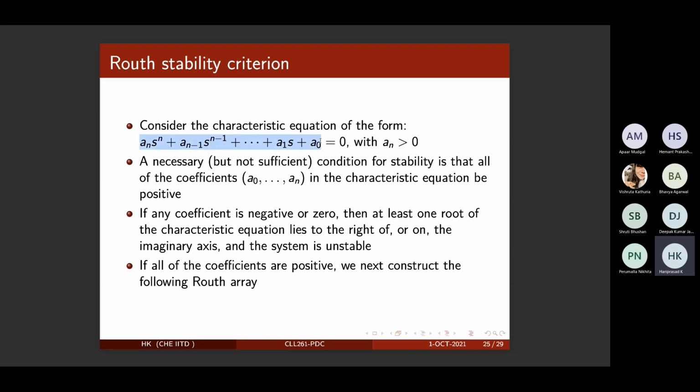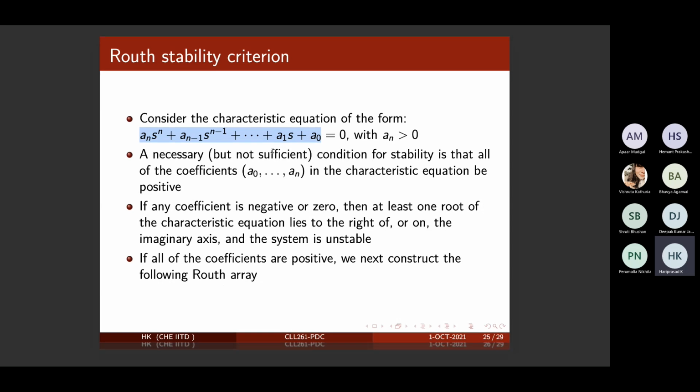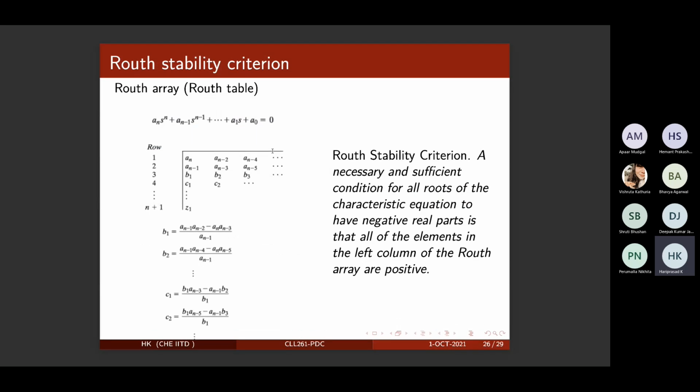If you find all of them are positive, you have to make something known as a Routh array. The Routh array is just a table. Let's say this is your polynomial: a_n s raised to n, a_(n-1) s raised to n minus 1, till a_1 s plus a_0. Let this be your polynomial. How do you make the Routh array?